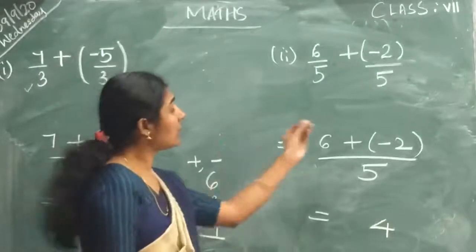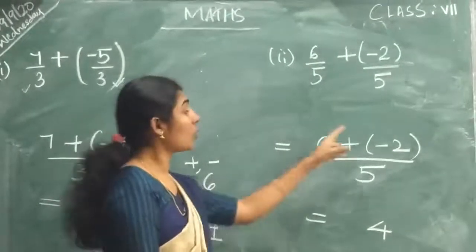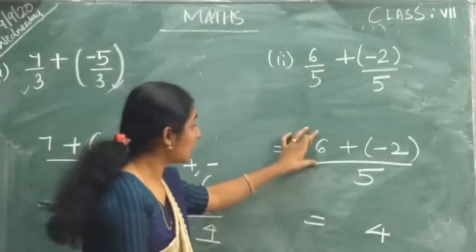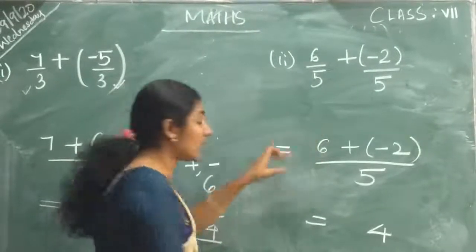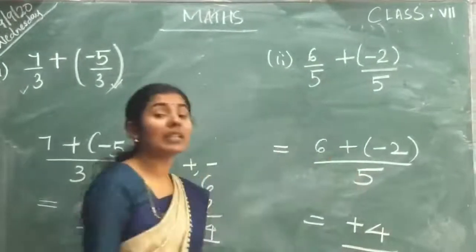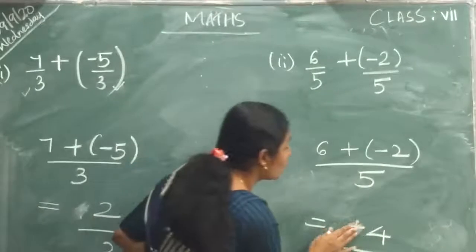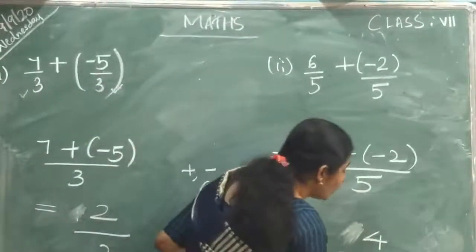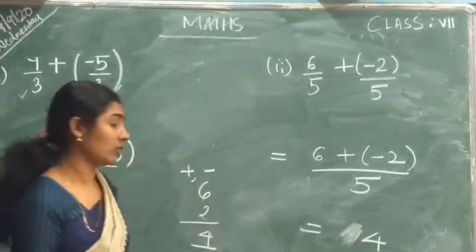Which one is the greatest number, 6 or minus 2? 6 is the greatest number, and it has a positive sign. So 4 is also a positive number. So plus 4 by 5, or 4 by 5. So the answer is 4 divided by 5.